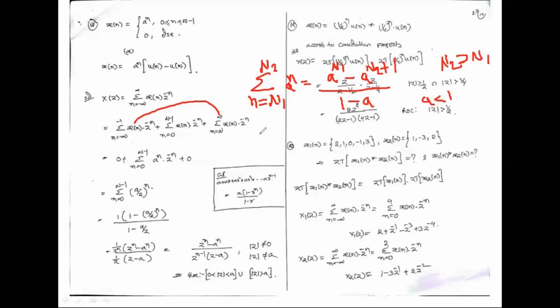Now what is n1 here? The sum from n equals 0 to N minus 1, so n2 is N minus 1. What is the a here?